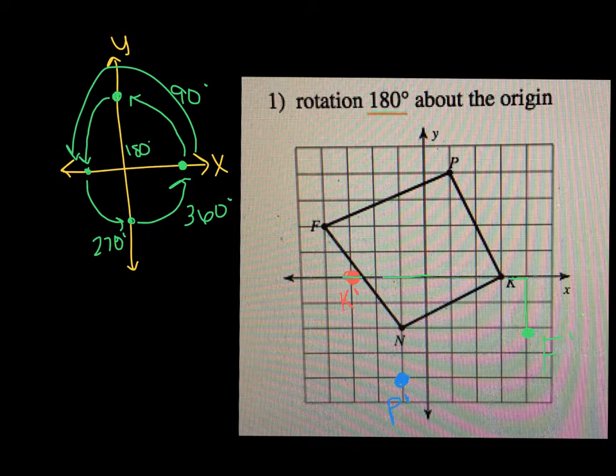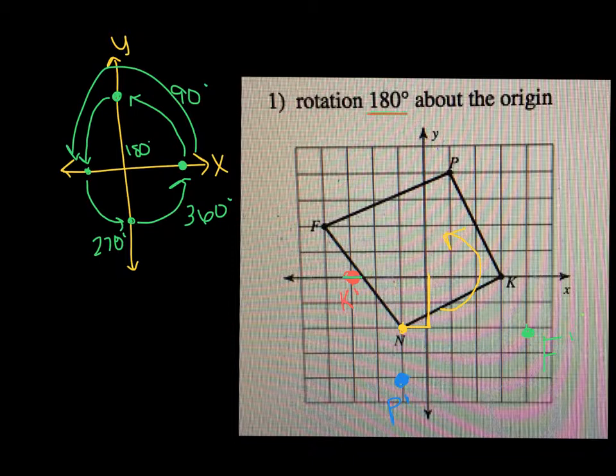If you don't need to show the work, then you don't have to, but I find it very helpful to show those triangles or those coordinates so that way I know where I'm going. The final one down here is N. It looks like I went down and then over 1 to get there. Once again, I'm going to rotate it the whole way up here to get 180.